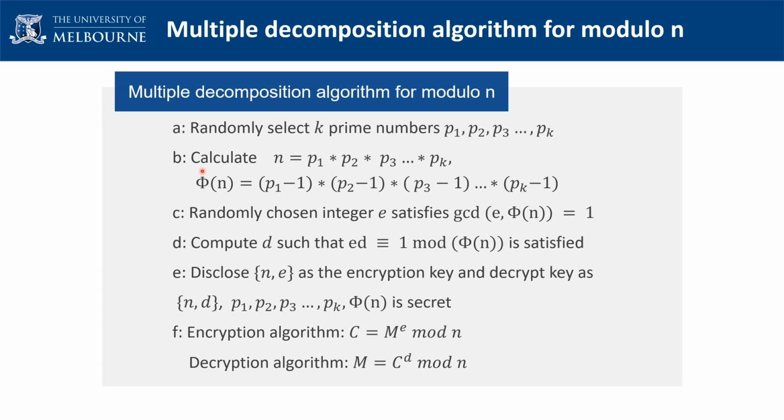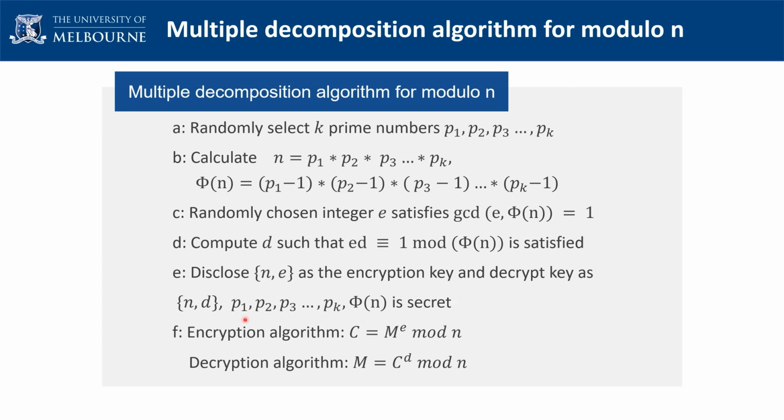First, randomly select k prime numbers P1 to Pk, and then calculate n equals P1 to Pk, phi n equals P1 minus 1 multiplied to Pk minus 1. After that, randomly choose integer e satisfying GCD(e, phi n) equals 1. And then compute d such that ed equals 1 mod phi n. Then declare (n, e) as encryption key and (n, d) as decryption key.